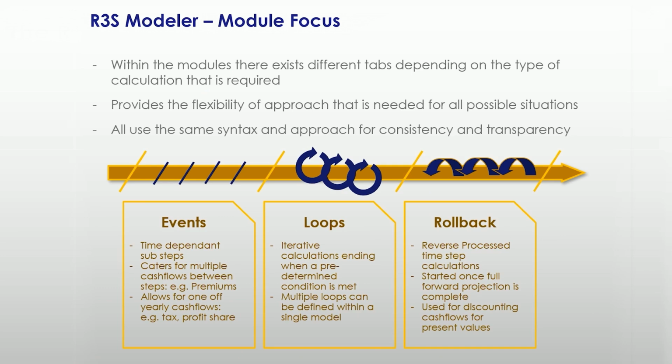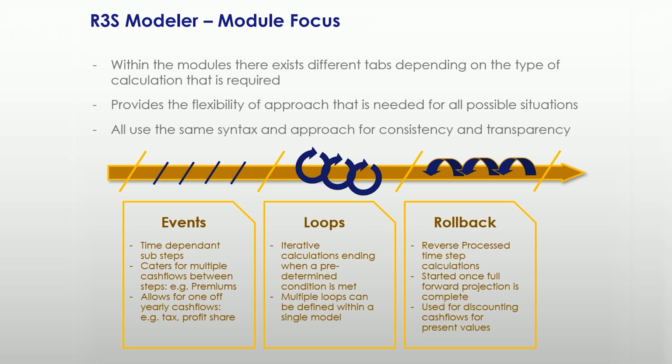Within the modules, there exist different tabs in addition to the usual forward time step calculations, or step variables, depending on the type of calculation that is required. This provides the flexibility needed for all possible calculations. All use similar syntax and approach for consistency and transparency.